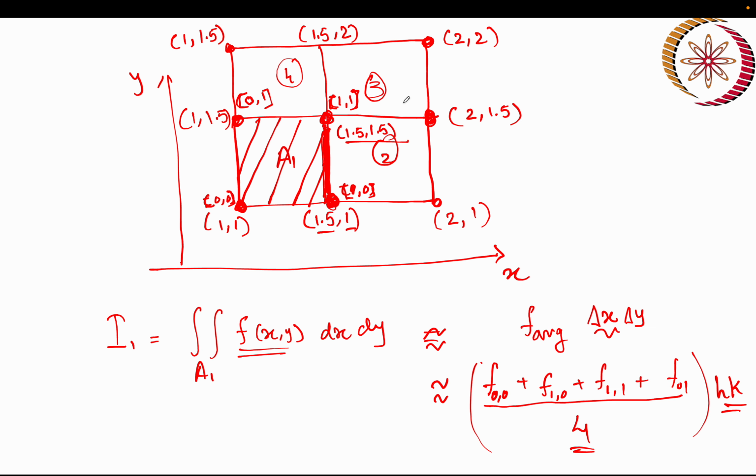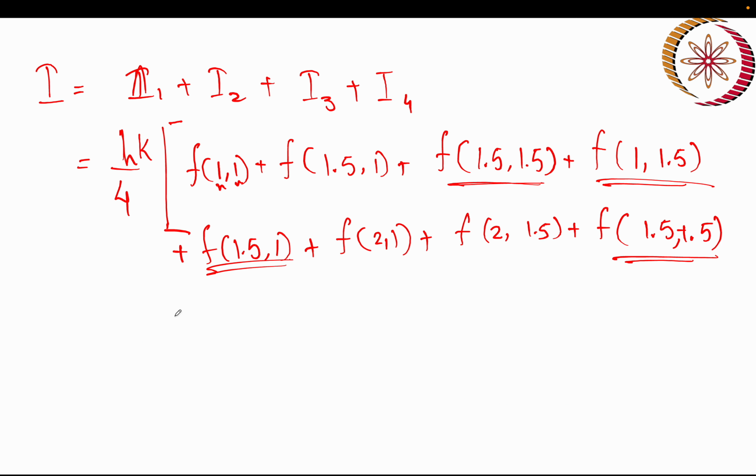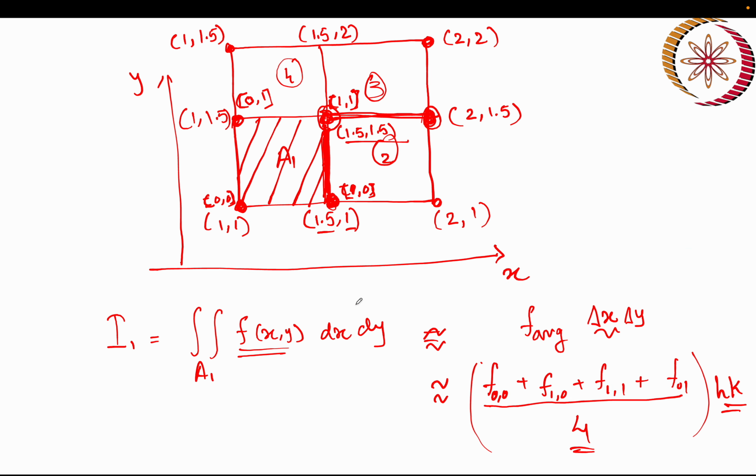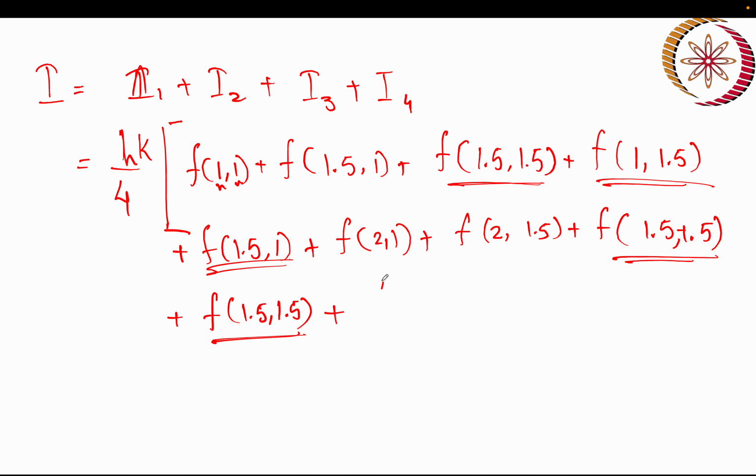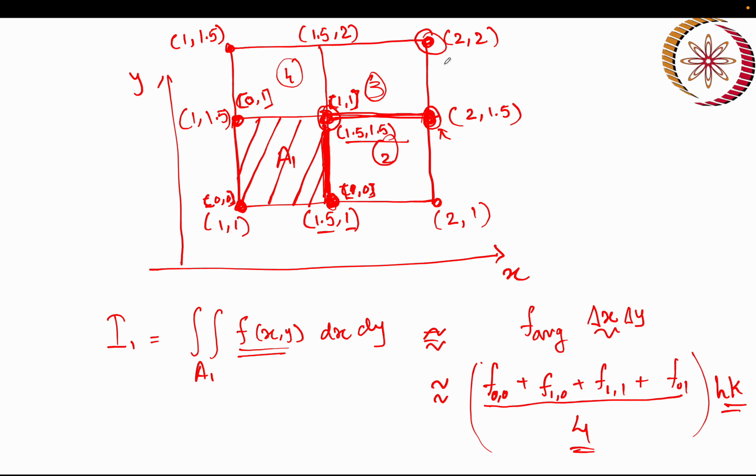Now if we write it for area 3, you can see that this edge will be shared, so these two values will repeat, and anyway we will write it. So f of 1.5 comma 1.5, which has now repeated, plus next we'll write this location which is 2 comma 1.5, plus f of 2 comma 2, which is this corner point, and then we'll write this one, 1.5 comma 2.